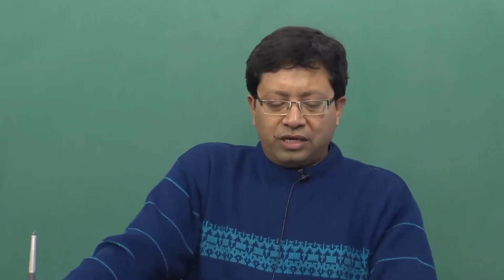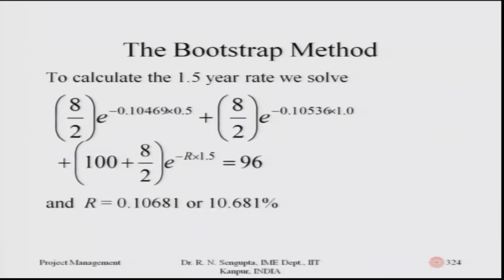Now, you need to calculate the 1.5 year interest rate. If you check the table, I am not going to go back to it, you can refer back to the table in your last class, which was the 26th class.